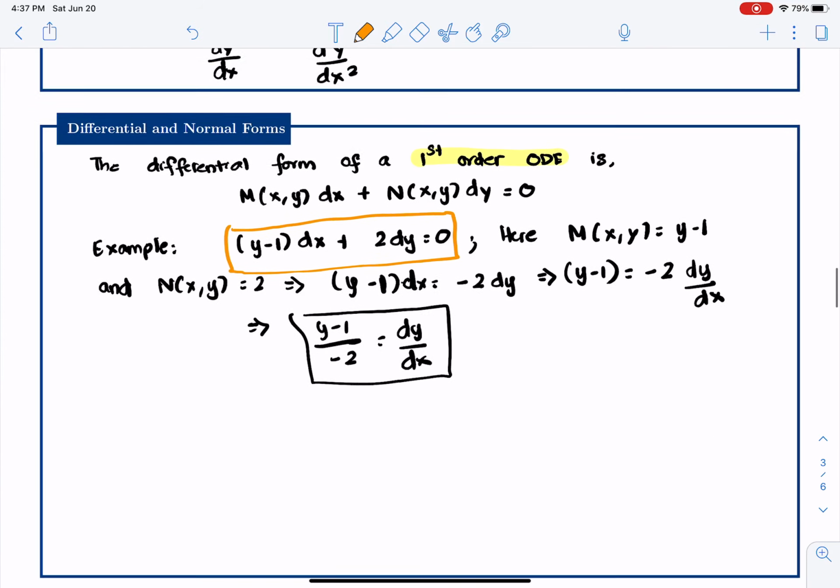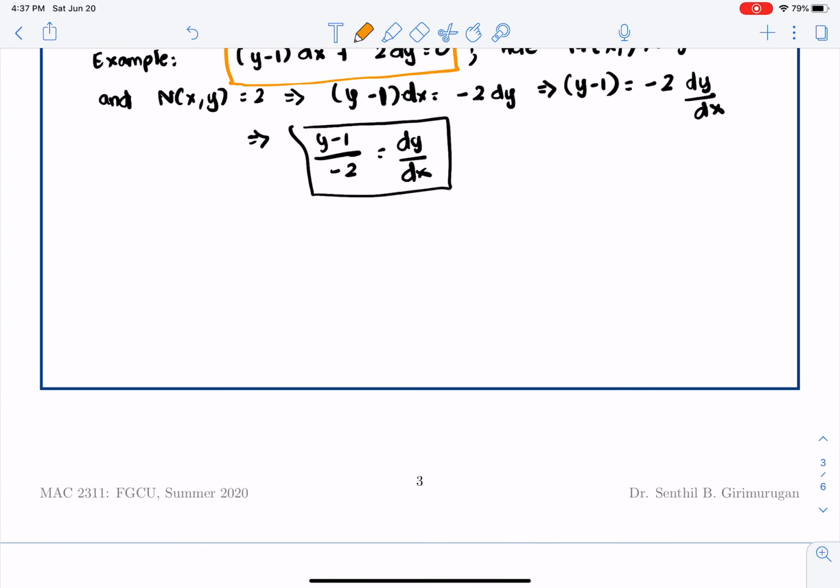Then we have something called the normal form of a DE.